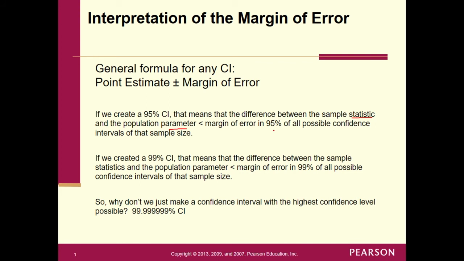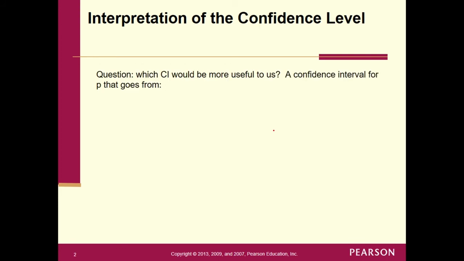All right. So to answer that question, I have a question for you. Which confidence interval would be more useful to us? A confidence interval for P that goes from 1% to 99%, or a confidence interval that goes from 49% to 51%? So think about it. Which one is more useful to us, the first one or the second one?